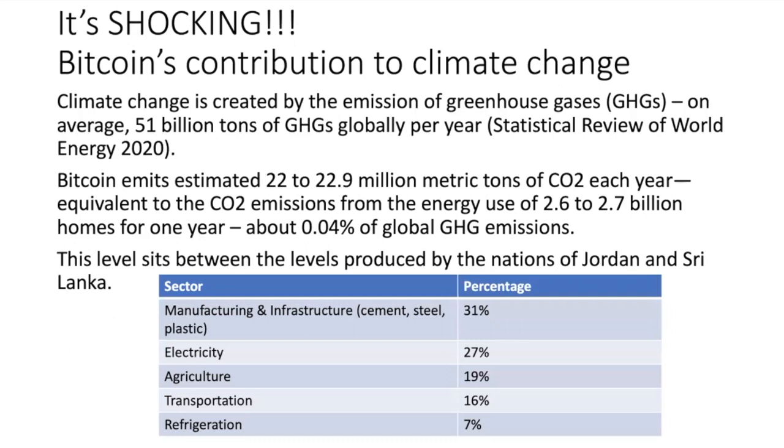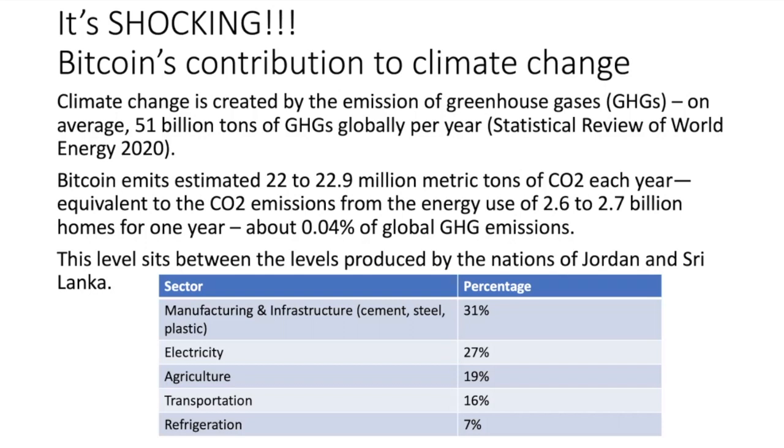When we're talking about Bitcoin mining, we're talking about the consumption of electricity. When we look at our overall concern for greenhouse gases, which are the major contributor to climate change, we're talking about 51 billion tons of greenhouse gas emissions emitted globally per year.